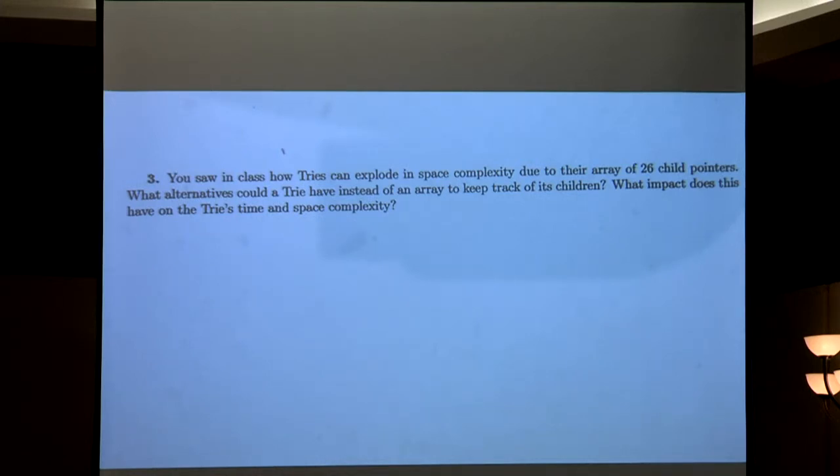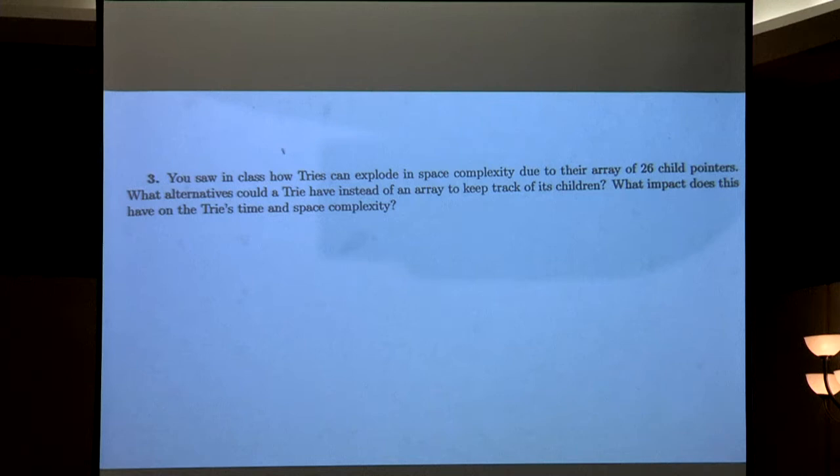Let's see what someone else thinks. How big can the linked list get? As big as the word? So instead of your array of 26 child pointers, you've got a linked list that will start at 0.